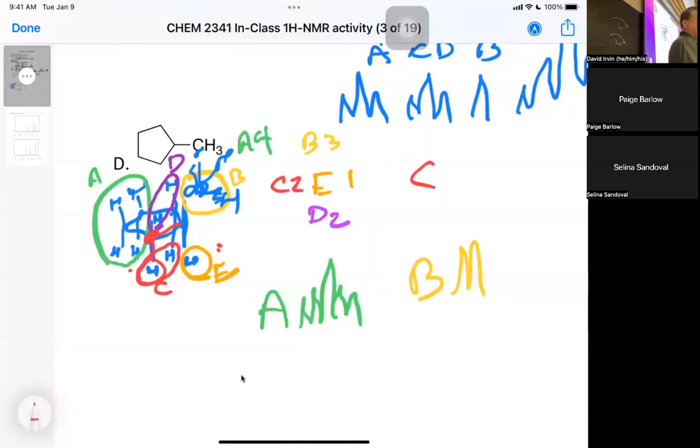So we have 1 to here, 2 to the one on D, 3 to the one on A, 4 to the one on A. So we have 4 hydrogens within that signal. And the thing is, it's symmetrical. On the other side, it sees those same 4 ones. And so it's 1 signal seeing the same 4 hydrogens. Rings are hard. That's why we're doing a ring. So it's 1 plus 4 is equal to 5.